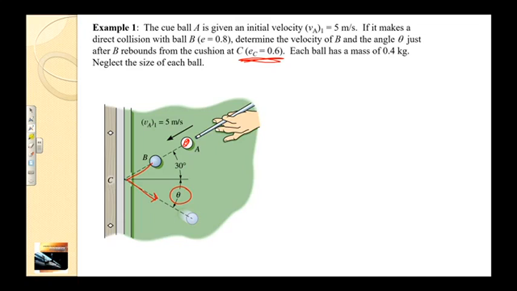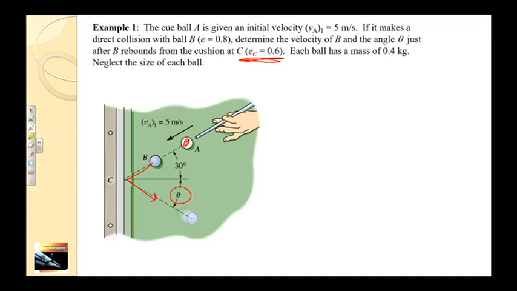So this one's really a two-part problem. A is going to crash into B, and then B is going to crash into the cushion. So I've got two impacts to worry about. You kind of eyeball A into B. That's the one we talked about last time we got together. Collinear impact: A is going to hit B, and B is going to continue moving on that same line. So that's one-dimensional.